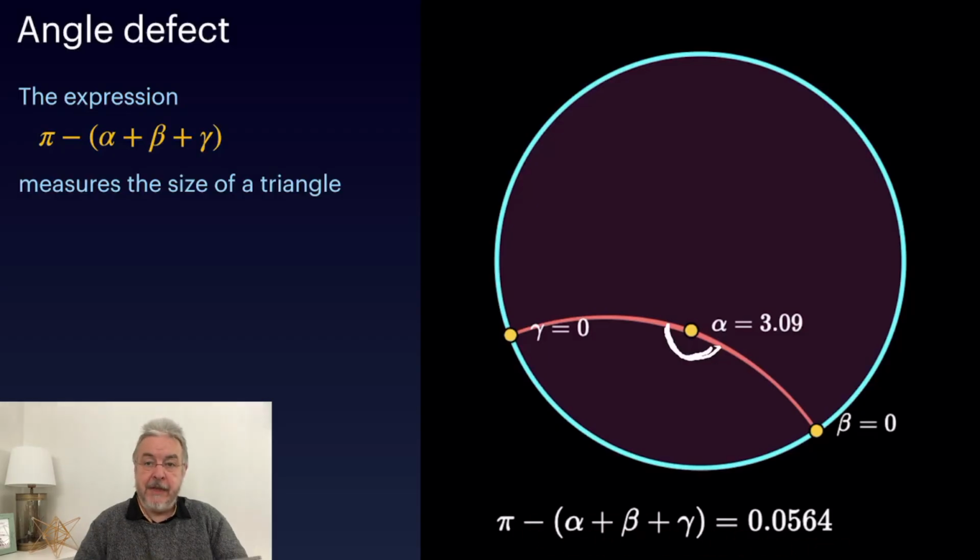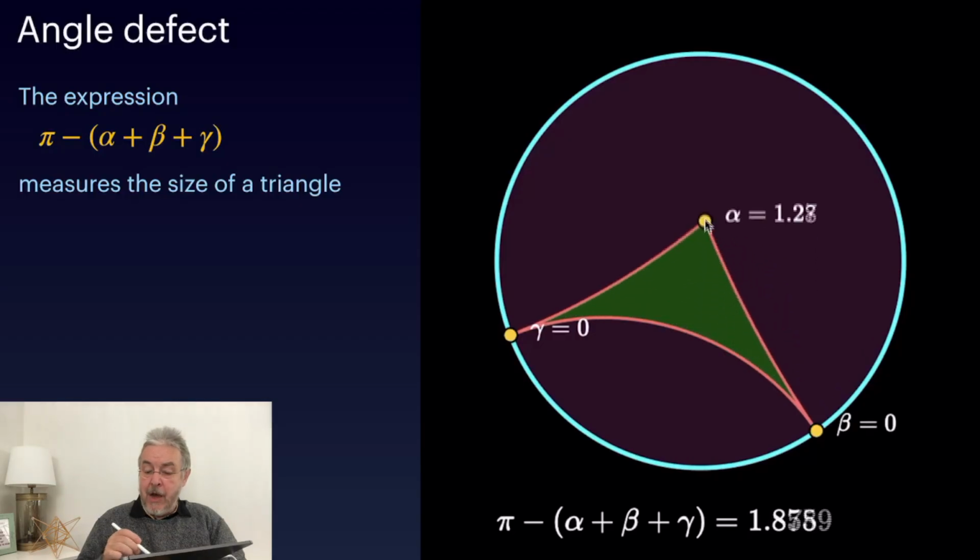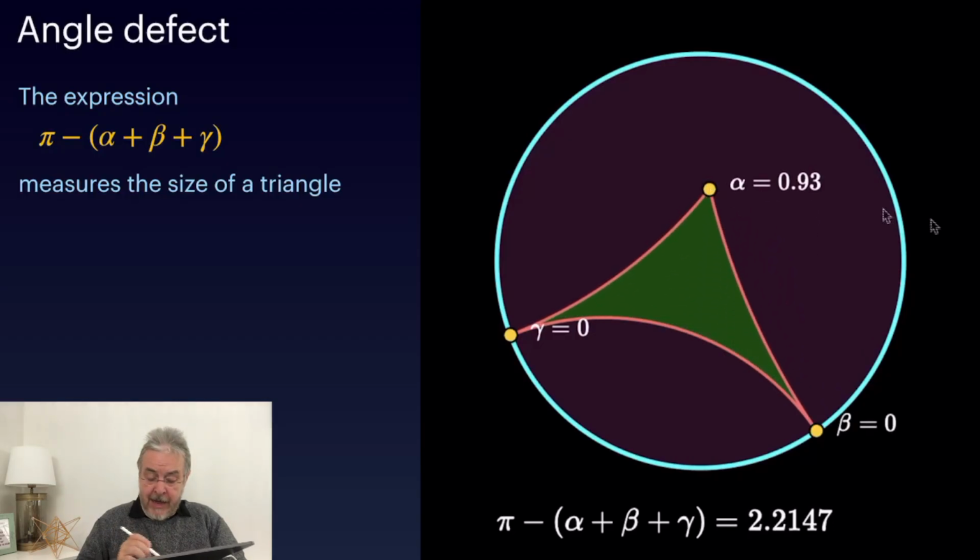This will be one of those cases where you really have a 180 degree sum of the angles, 0 plus 180 degrees, and you see also in that case the area is 0.